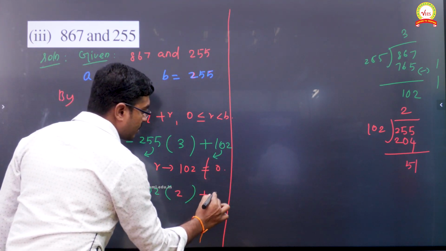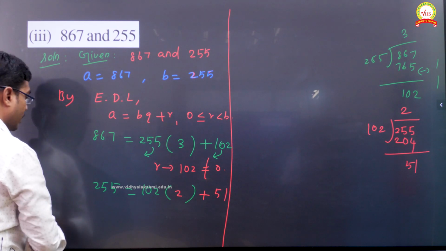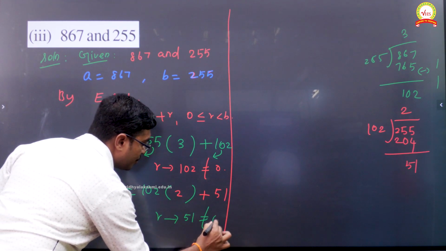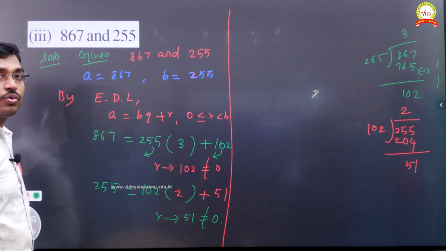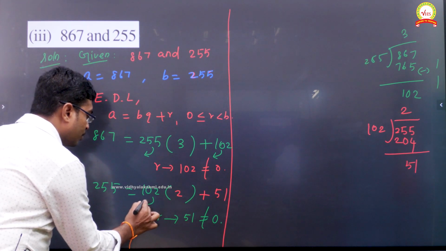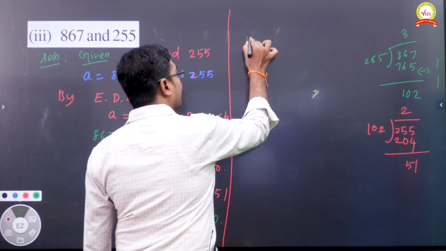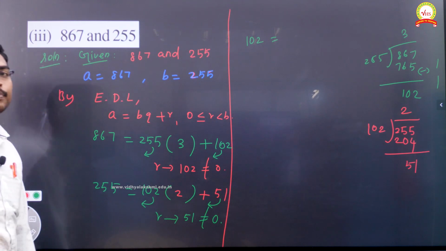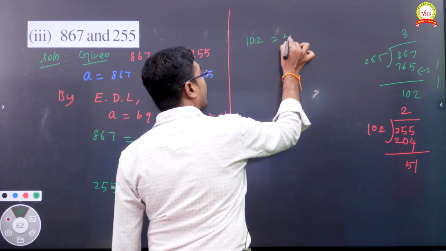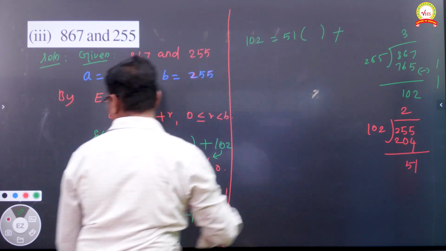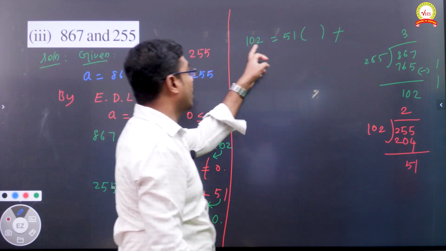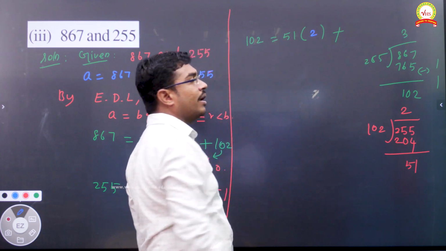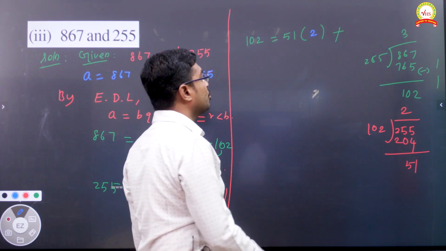The remainder is 51. So remainder 51 is not equal to 0. Yes or no? Then the process continues. So 102 comes to dividend. This 51 comes to divisor. So how many times is it possible? Divide it: 102 by 51. 2 times. 51 2s are 102. 51 into 2, 102.